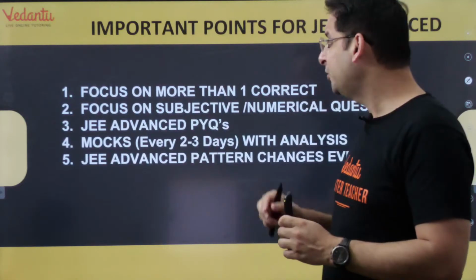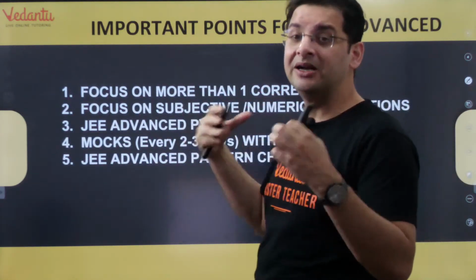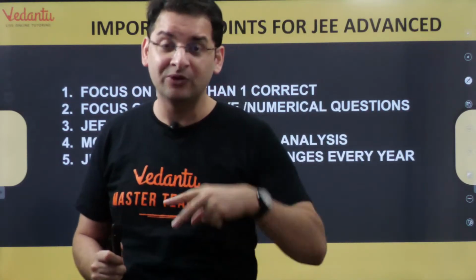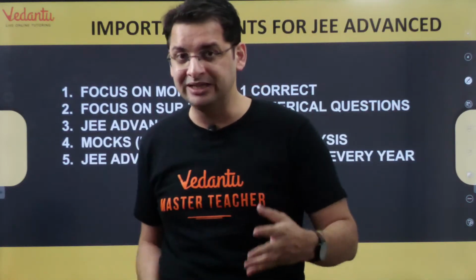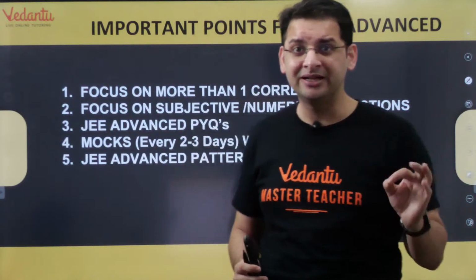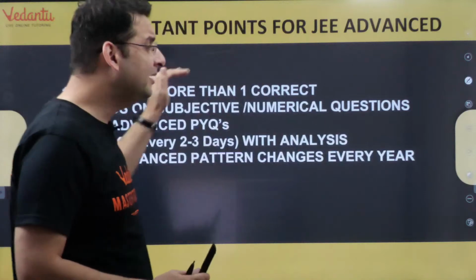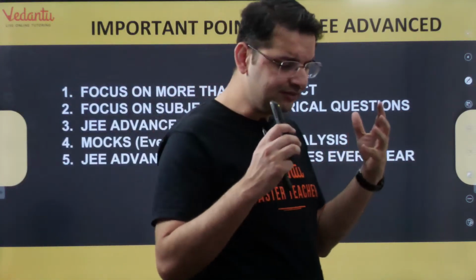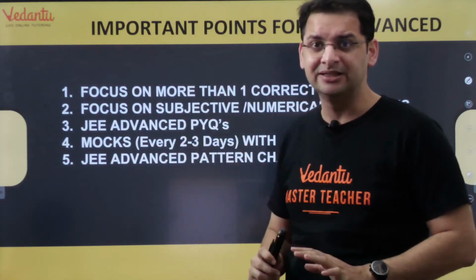What you need to do is, first of all, focus more on more than one correct options, because we are not used to it. We have all given JEE Mains twice, and we might have given a lot of tests in our institutes, but we have to put a lot of focus on more than one correct, because this is where students make mistakes. A lot of you are not very well prepared as far as more than one correct is concerned.